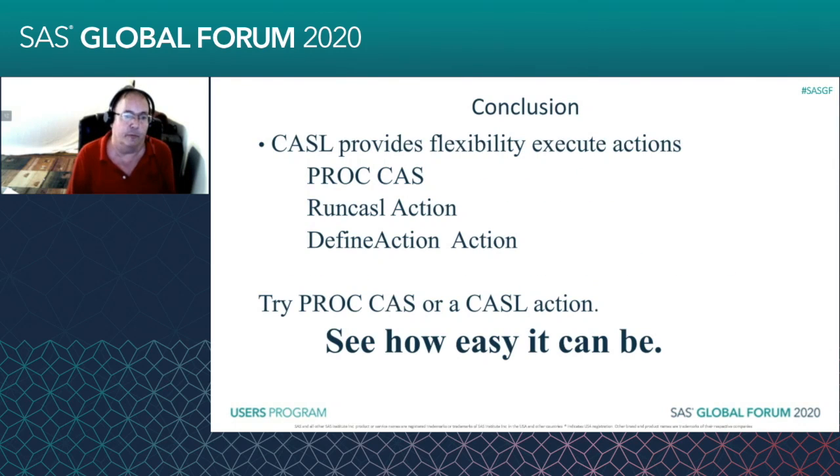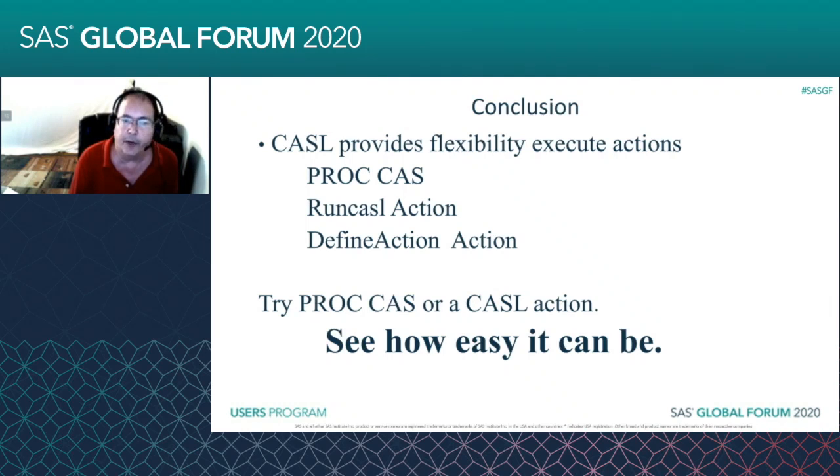But I want you to remember that there are three products that we're dealing with here. We've got CAS, and it is on the client side. We have runCasl, which allows you to run your code on the server side, and then define action, which allows you to take that code and place an interface on top of it that dictates exactly what the interface is going to be and acts just like any other action you've ever seen.